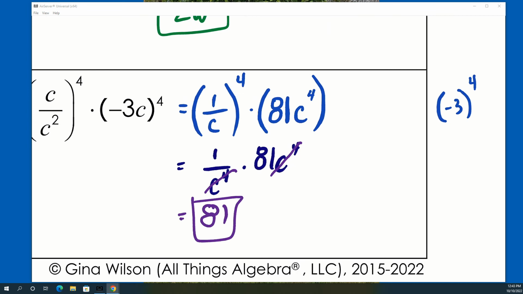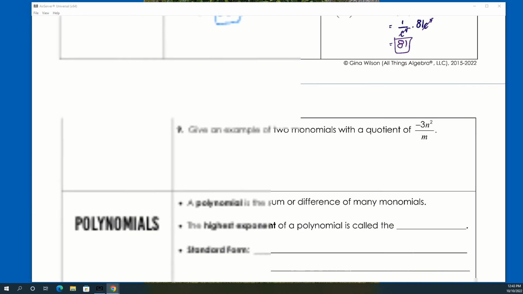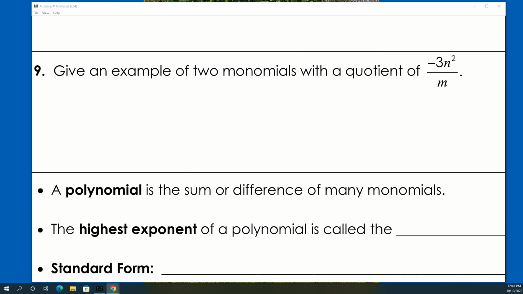Okay, we're going to do one more together. Number 9. All right, so number 9 asks you to find 2 monomials that have a quotient of negative 3n squared over m.